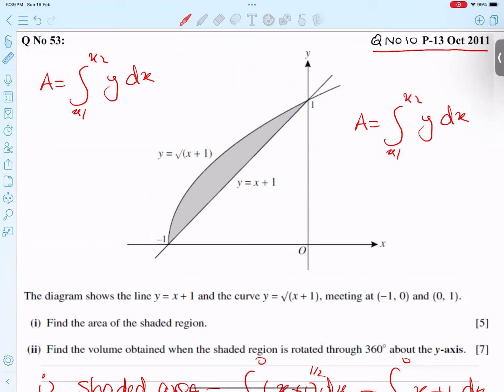But he said around the x-axis, but he talks about the y-axis. So every variable x becomes y and y becomes x. So this x1, x2 will turn to be y1, y2. This y square will turn.